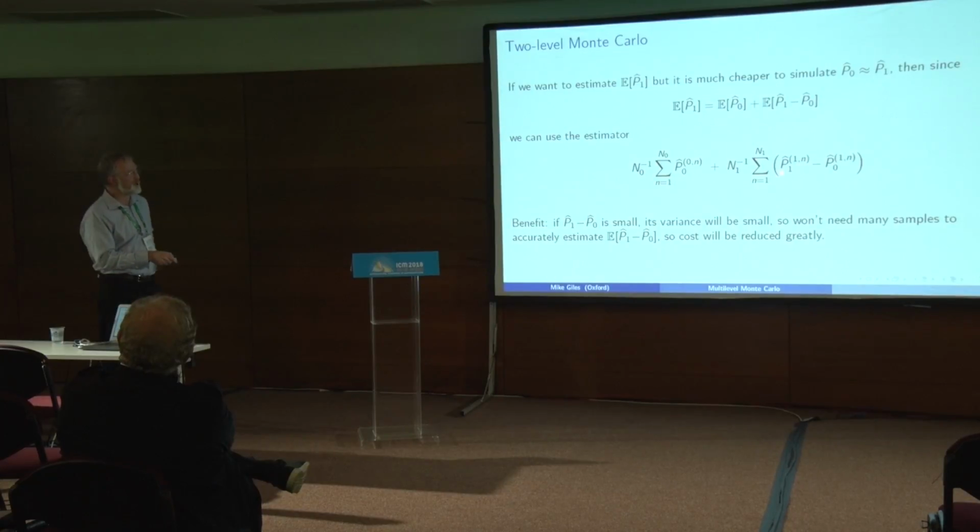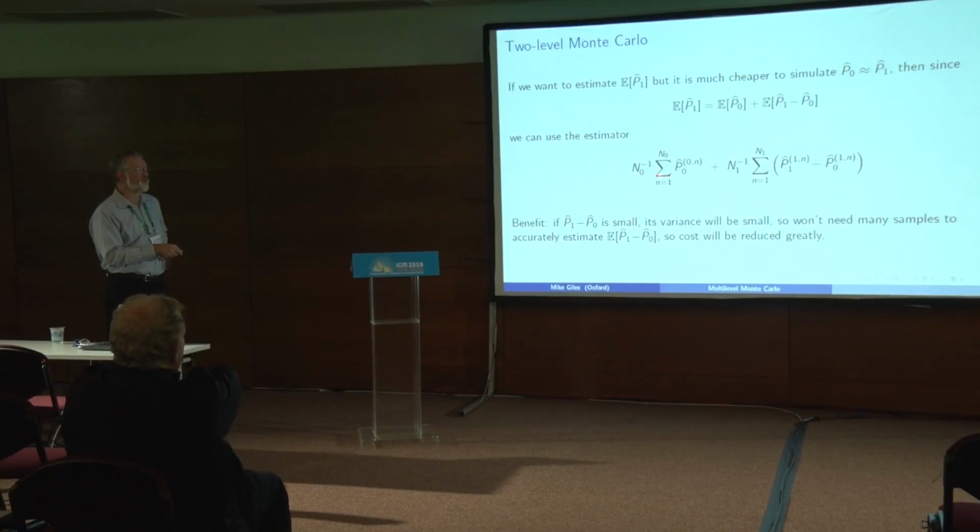And because the variance is small, we need relatively few samples n1 in order to accurately estimate the expected value. And that's where the savings is coming from. We're going to do relatively few accurate calculations, the p hat 1s. We'll do lots of p hat 0s, but they're nice and cheap. And therefore, overall, we save very substantially.